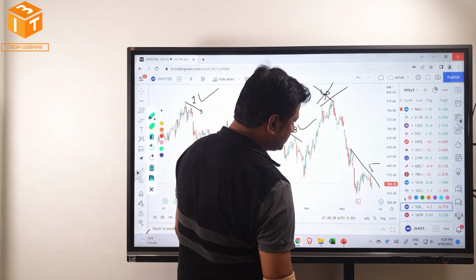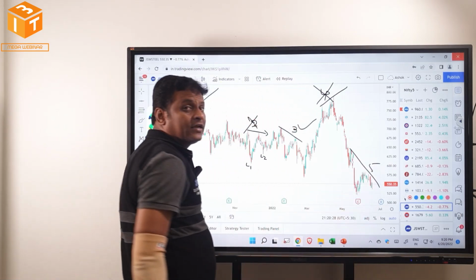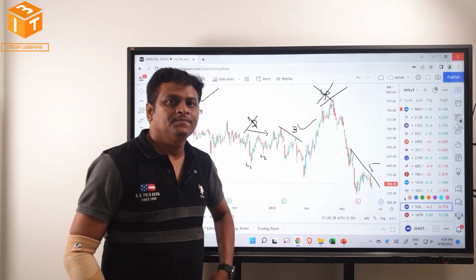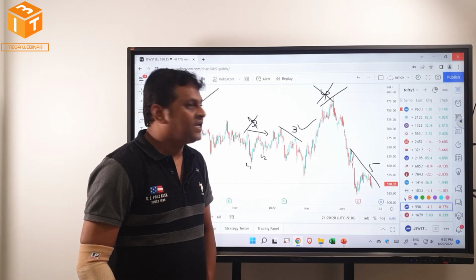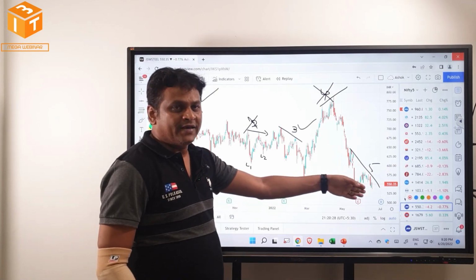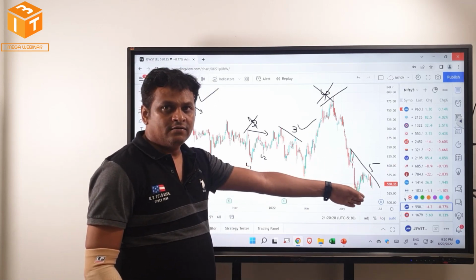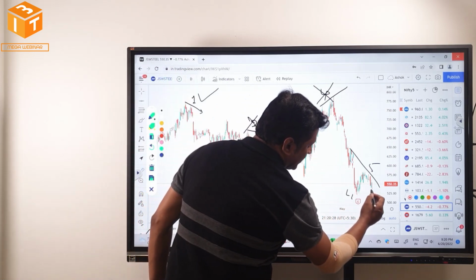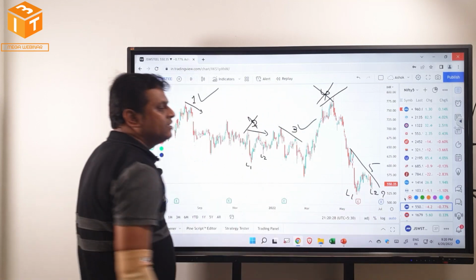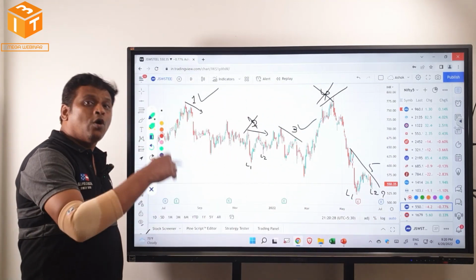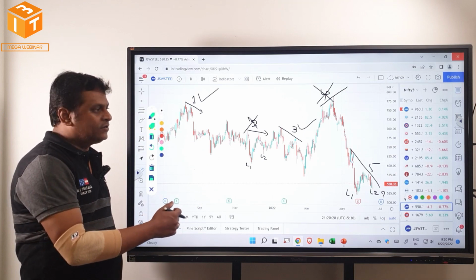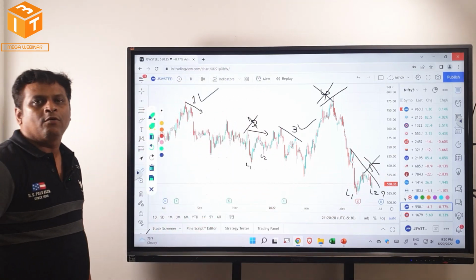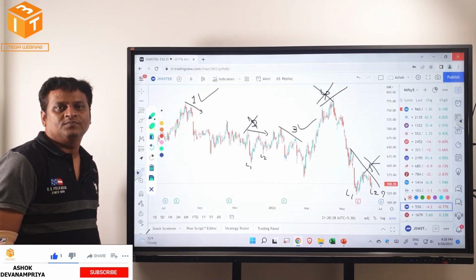Item number 5. A beautiful example once again. Think about it. 2 peaks. H1 is greater than H2. Is L1 greater than L2? Since L2 is not lower than L1, this is not a valid trend line. You want some more examples or we are good to go?